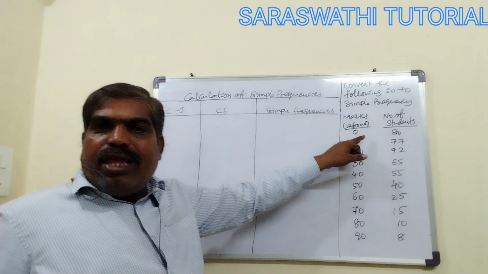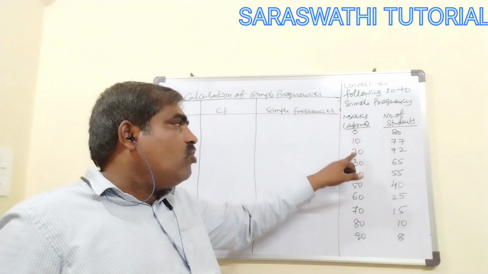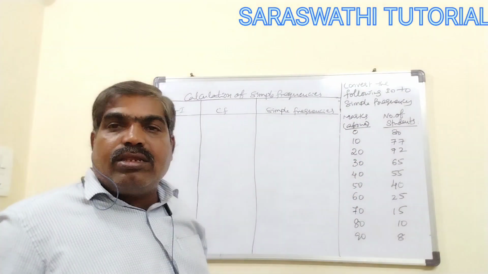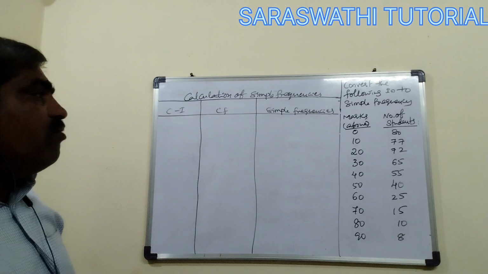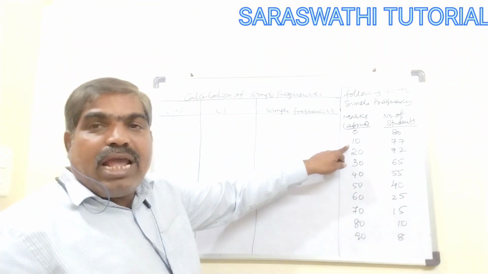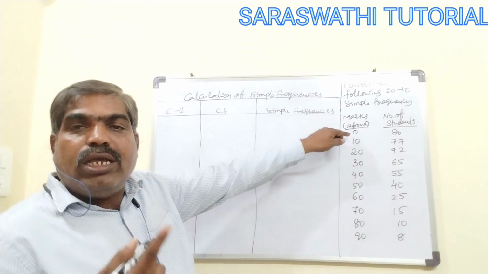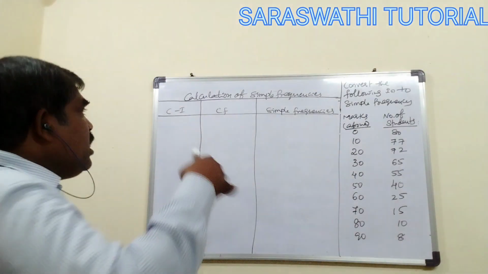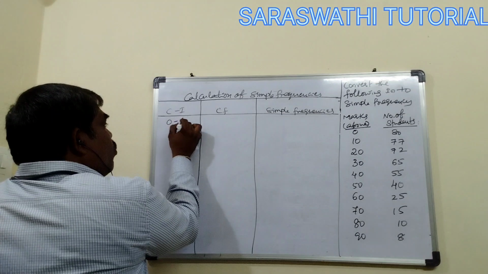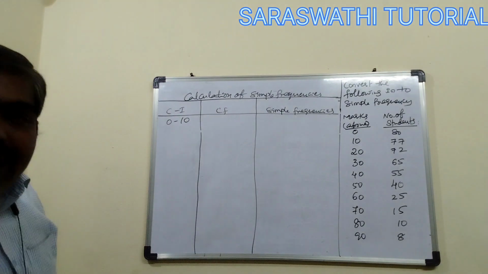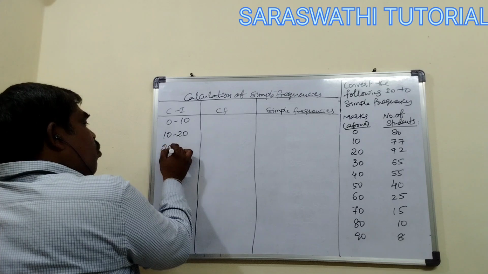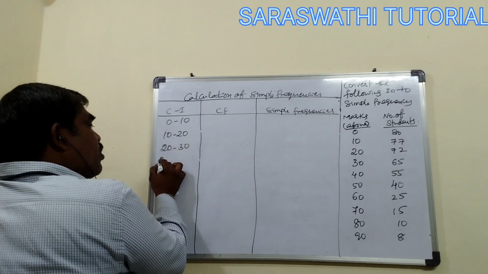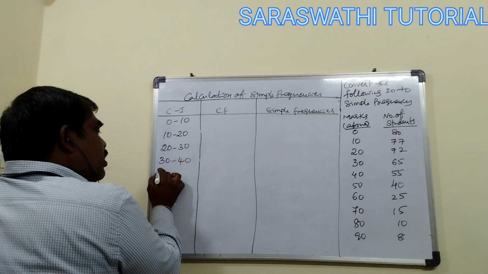If you observe, the difference between 0, 10, 20, 30, 40 is every time 10, 10, 10. So you should take the difference as 10. 0 above, 10 above, 20 above, 30 above, every difference 10. 0 above, we have to take as 0 to 10. 10 above, 10 to 20. 20 above, 20 to 30. 30 above, 30 to 40.